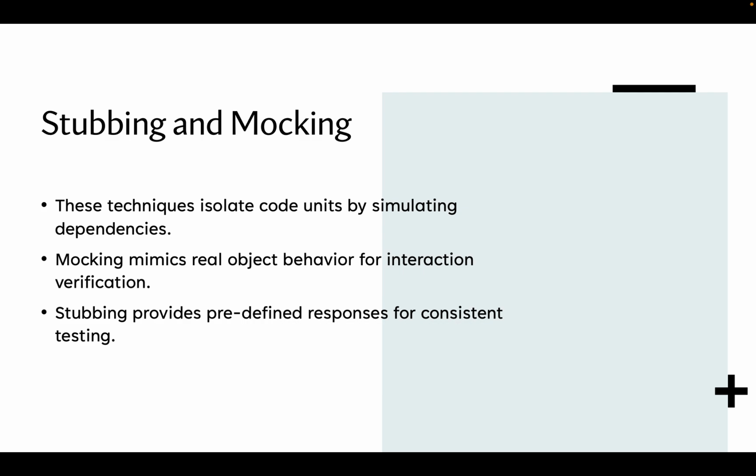So when stubbing a function that depends on an external API, you don't want to actually call that API every time you run your tests. A stub replaces the real API with a predefined response, which is very helpful.